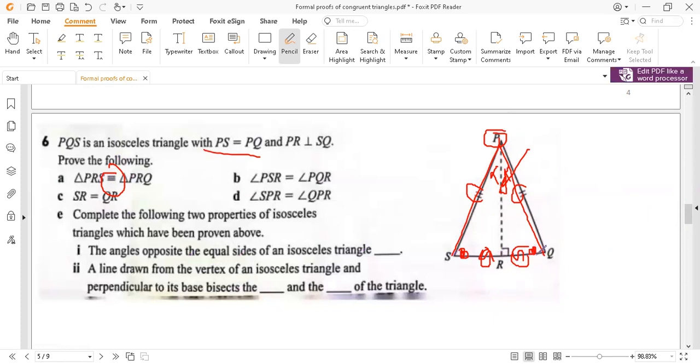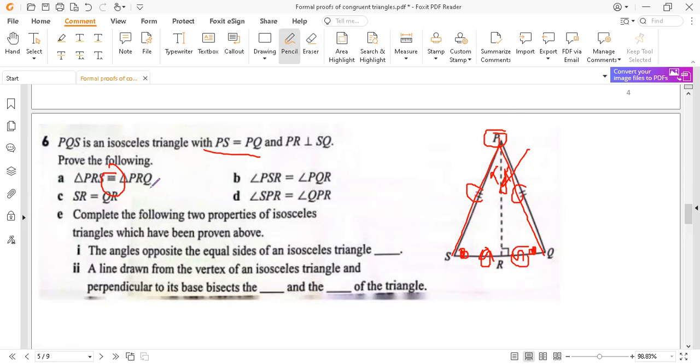So it cuts the base SQ into two equal parts. And we have the third side as a common side. So by SSS, or we can use AAS.